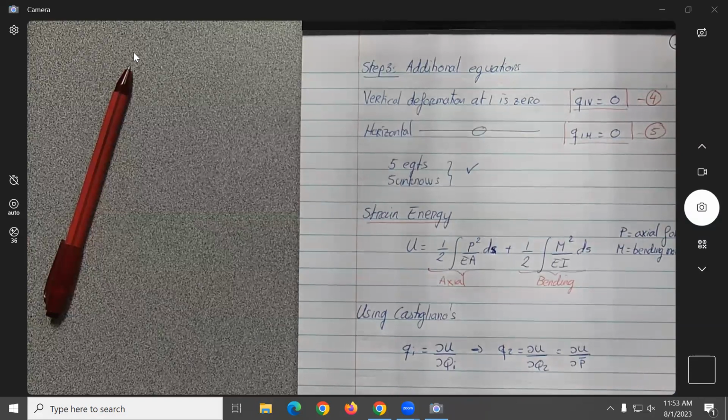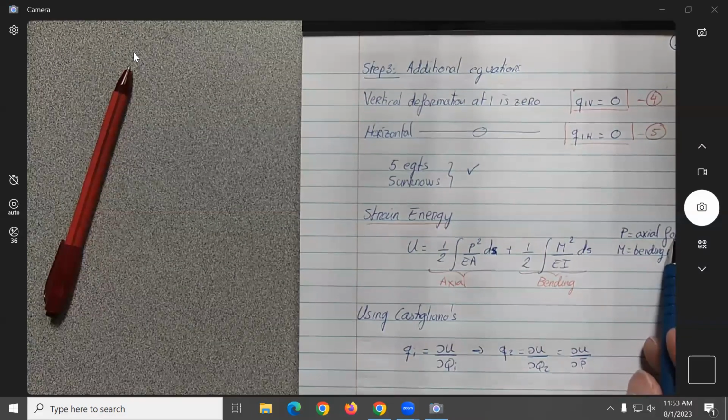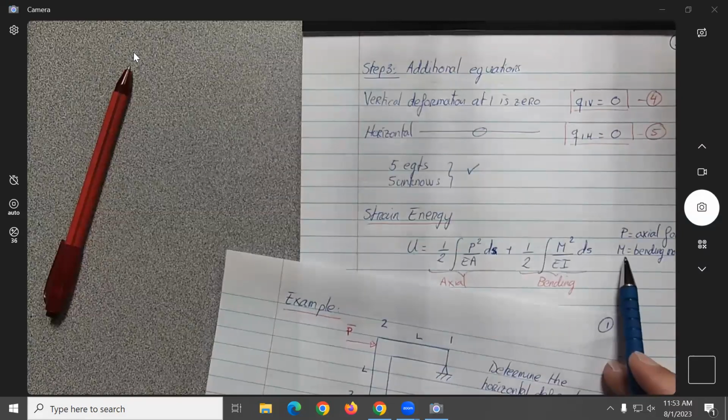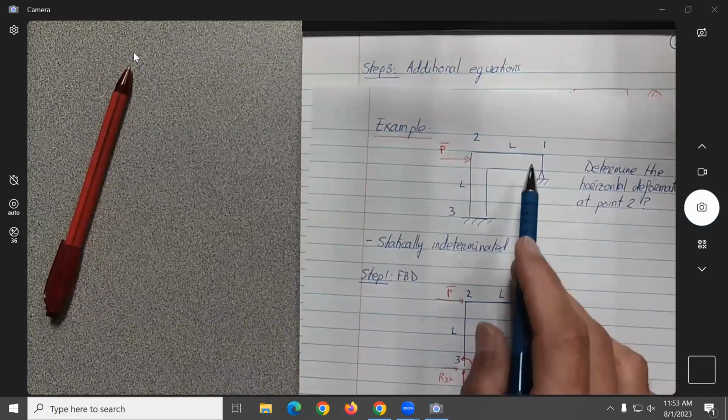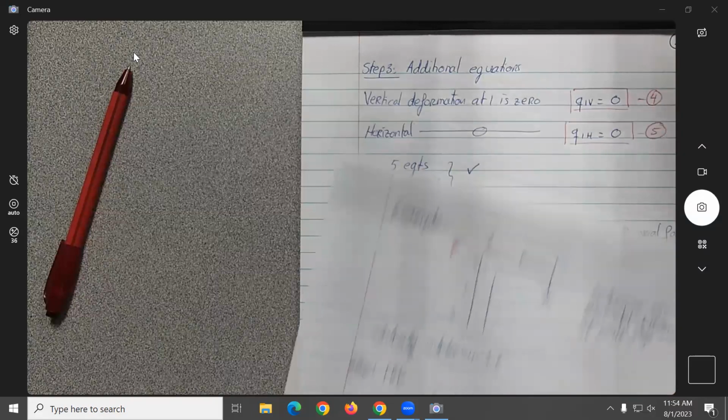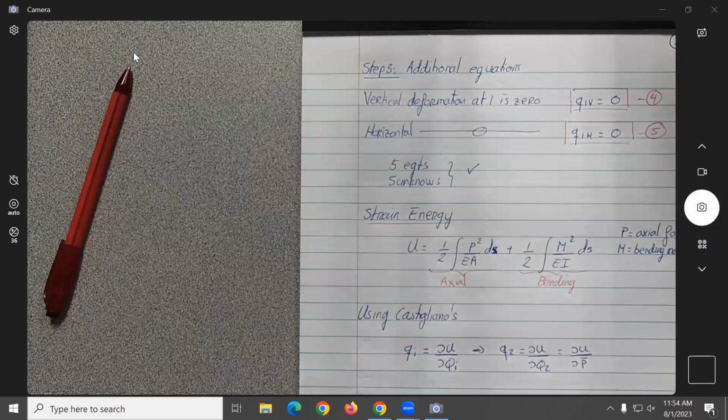All right, so basically, what do we need to do now? We need to find the axial forces on the beams 1, 2, and 2, 3, and we need to find the bending moments in beams 1, 2, and 2, 3, no? Yep, in order to be able to solve. So let's go ahead and do it.